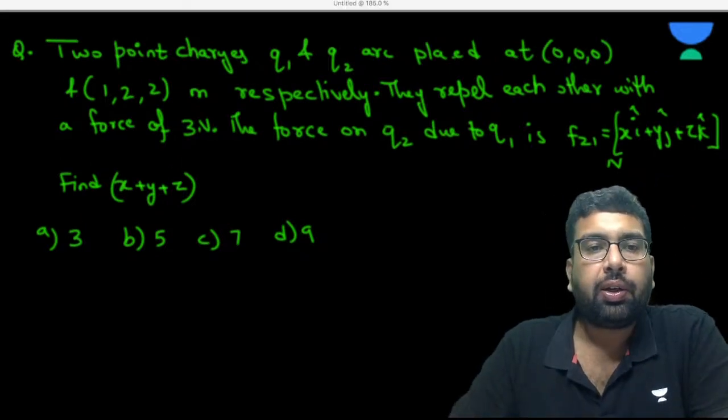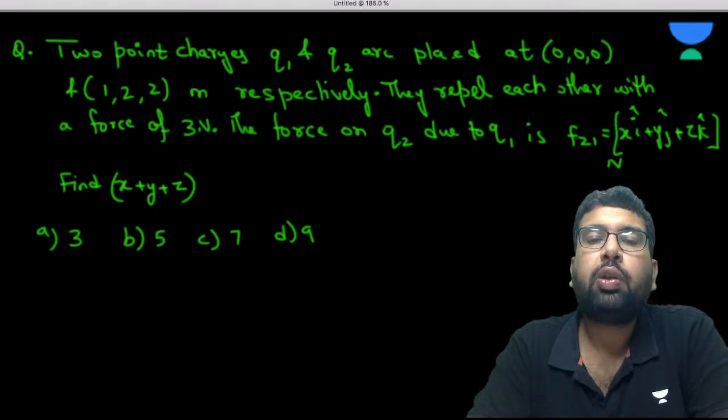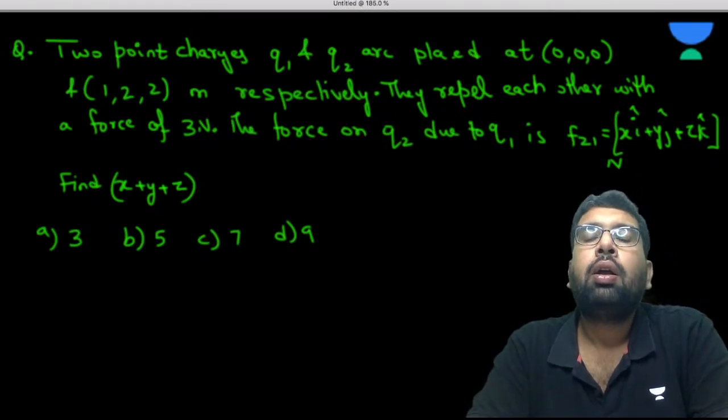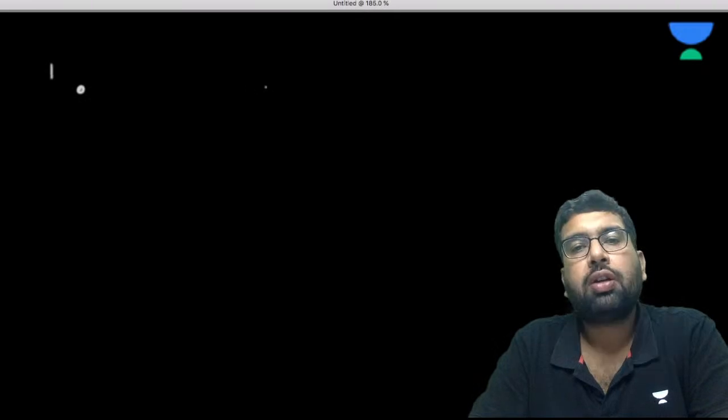Now how are we going to deal with it? So we have 2 point charges Q1 and Q2 placed at 0, 0, 0 and 1, 2, 2 meter respectively. Let's suppose one charge is 1, another charge is 2.